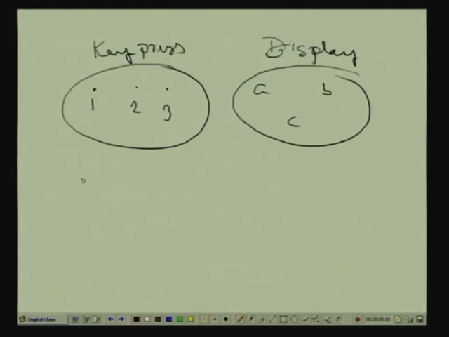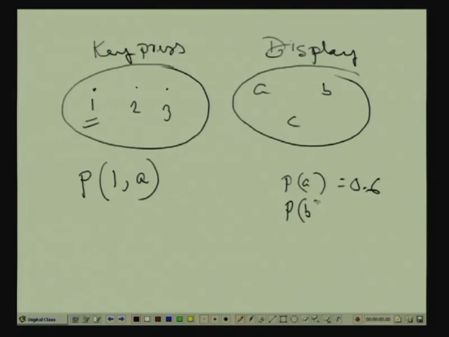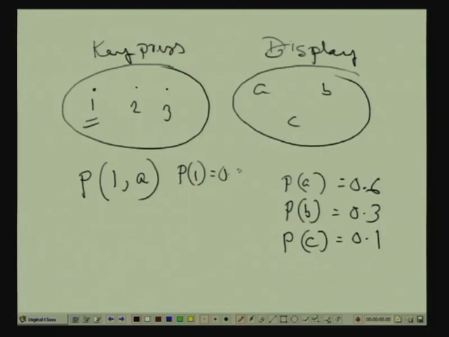Now, I can compute the number of times that 1 has been pressed and A has appeared. Now, if this is random, it has its own probability. Say here we said that P of A was 0.6, P of B was 0.3 and P of C was 0.1, and similarly say here we have said P of 1 is 0.6, P of 2 is 0.2 and P of 3 being pressed is also 0.2, because that should also add up to 1.